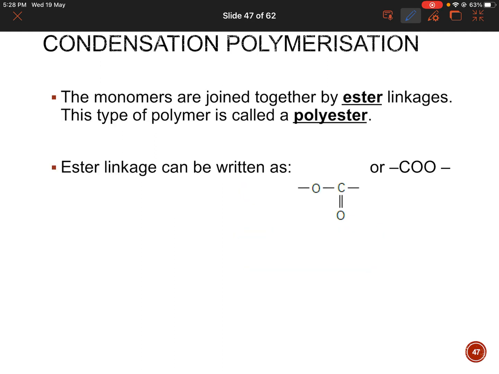And what else? Yes, it's called a polyester because they are joined by many ester linkages, and I can represent it by the structural formula where I just put COO. It is an ester linkage.